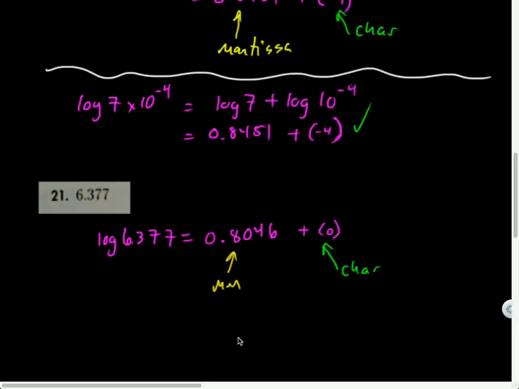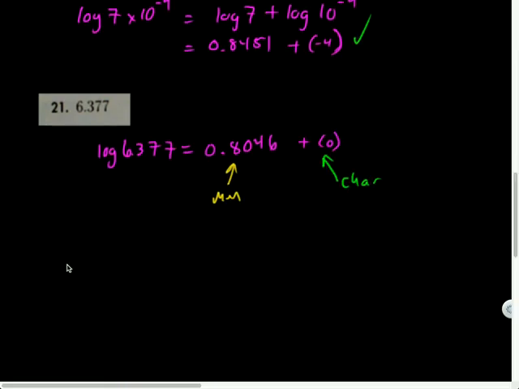How do you figure that out? How did you get that? Well, I just plugged this in the calculator, and the characteristic is typically the integer portion, the number to the left of the decimal. And in this case, it ends up being 0. And the mantissa is the decimal portion. Even if I wrote this in scientific notation, let's consider it from that perspective. That would have been log of 6.377 times 10 to the 0th power, because the decimal is already in the right spot.